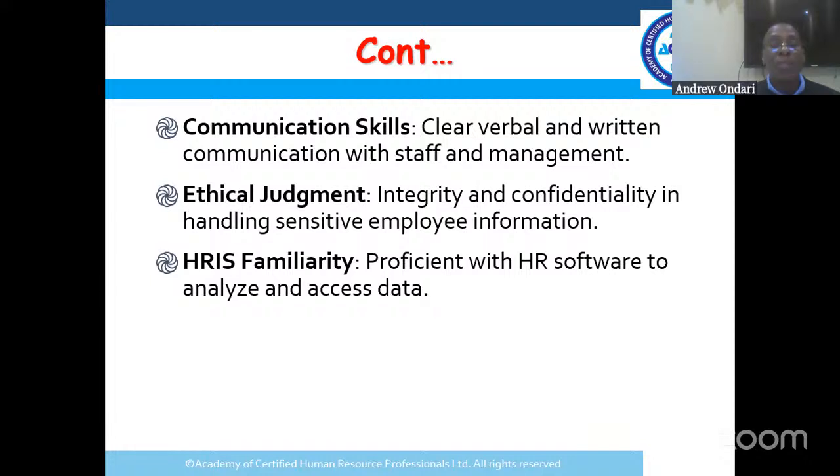And as I have mentioned earlier, one of the trends that we are witnessing in HR audit today is technology. So if software is part of this technology we are talking about, then HR managers should lead the way in ensuring that people have the skills in operating these systems.